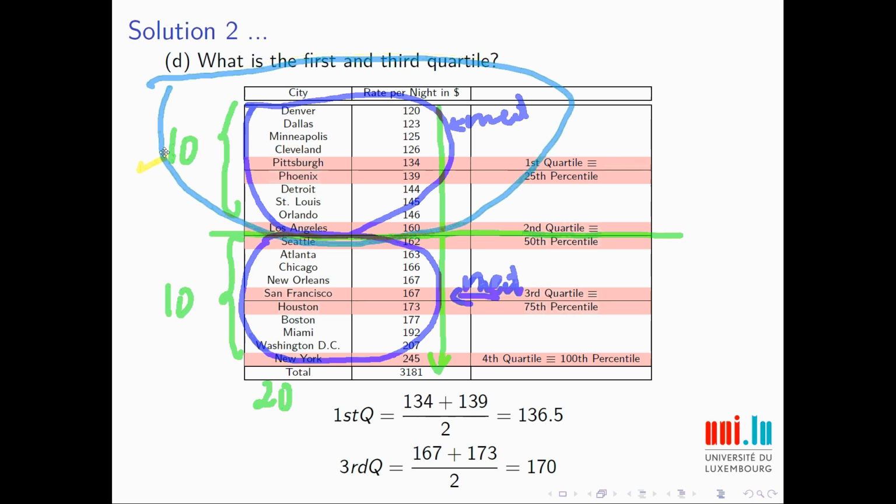First, we have to determine that it's even. So we find y as 5, and y plus 1 is equal to 6.